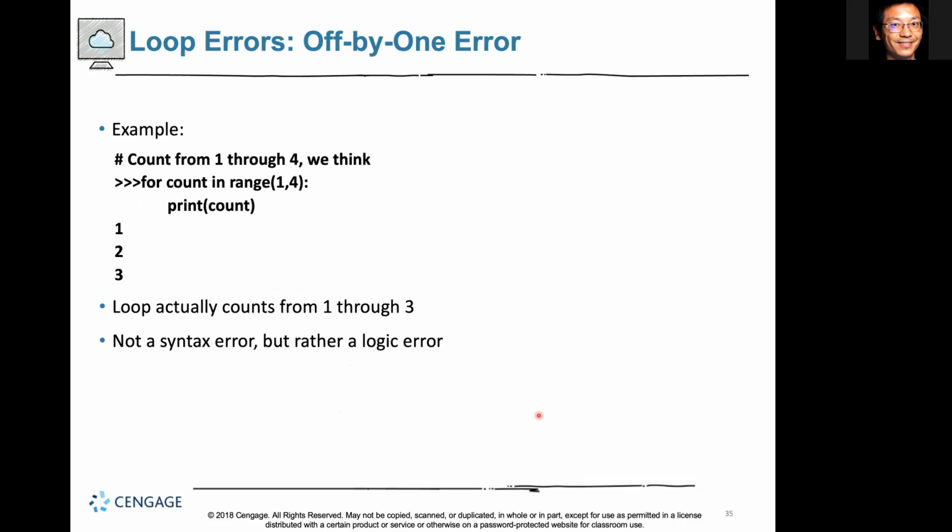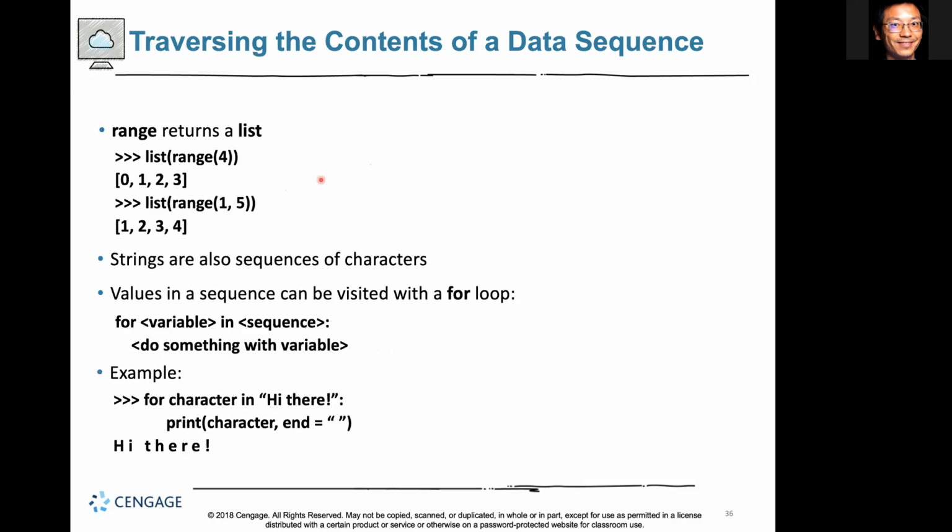Now, a typical error with loops is the off-by-1 error. So this range of 1 and 4, 1 through 4, is actually going to give you 1, 2, 3. It does not include 4. Now, range actually returns a sequence, and you can use this list function here.